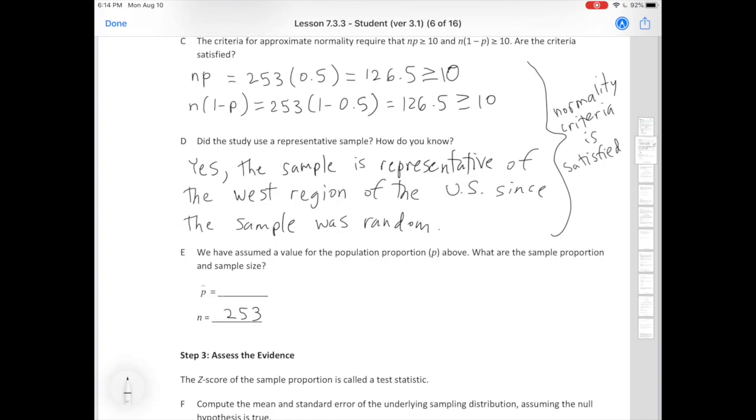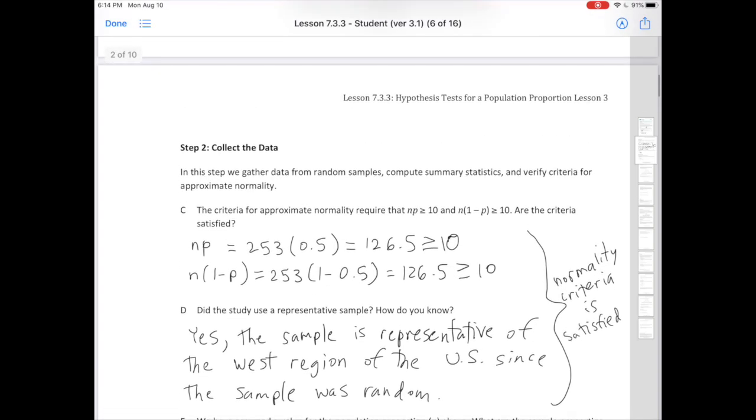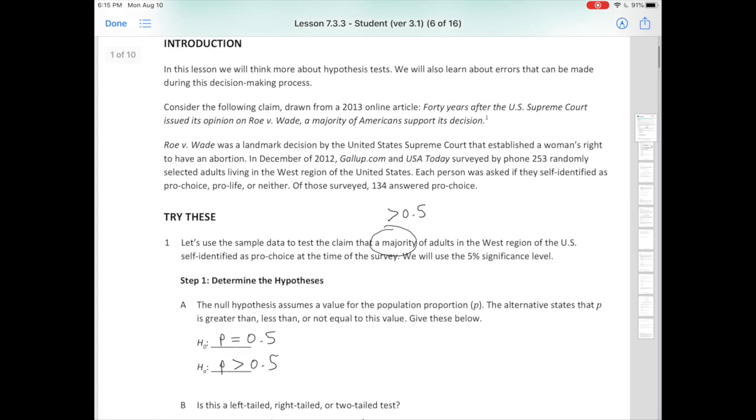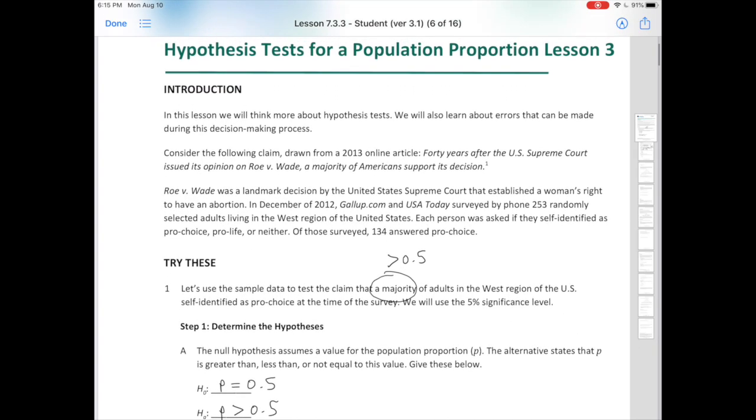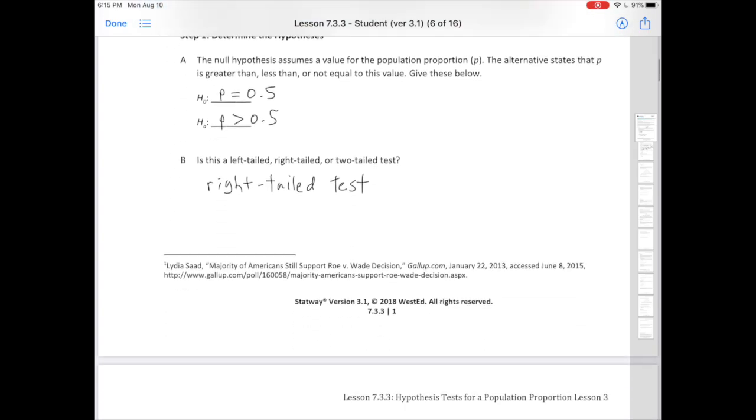Remember, P hat is the number of successes, which in this case are the number of people in your sample that are pro-choice, right? Because that's what we're talking about. We're talking about how many people are pro-choice. So if we look up here, it says that in the sample, 134 were pro-choice.